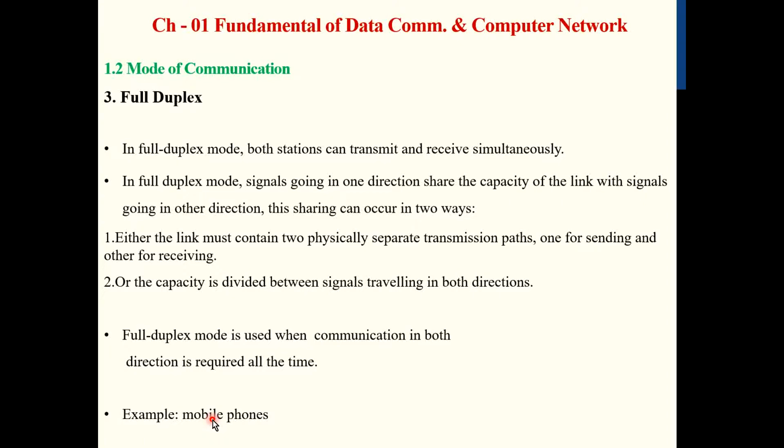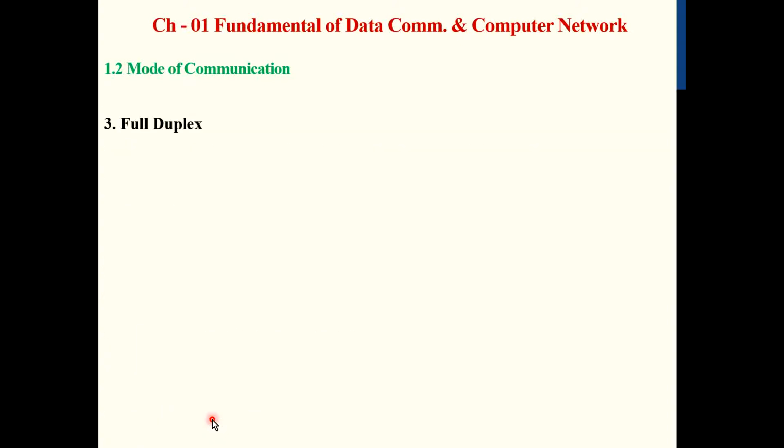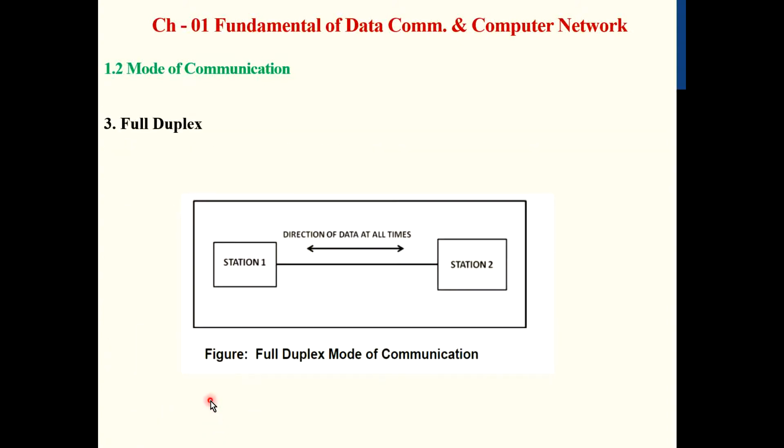Because when you call someone, you can send data and also receive data. A second example is WhatsApp. In WhatsApp we send and also receive data at a time. Both operations are performed simultaneously. Here is the diagram: station 1, station 2, and direction of data at all times. In both directions we can send and receive data. So this is full duplex mode of communication.